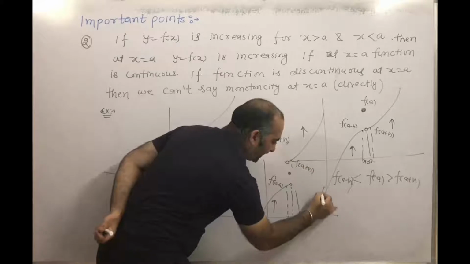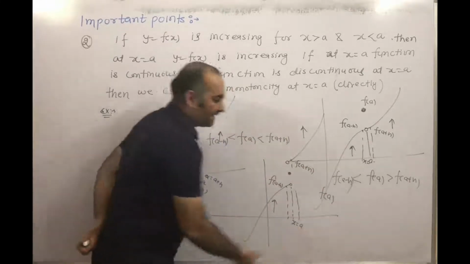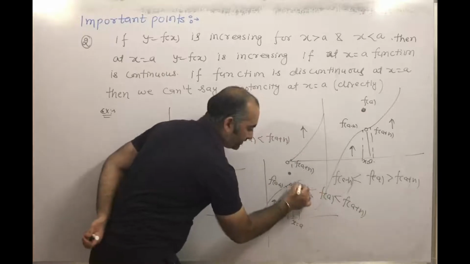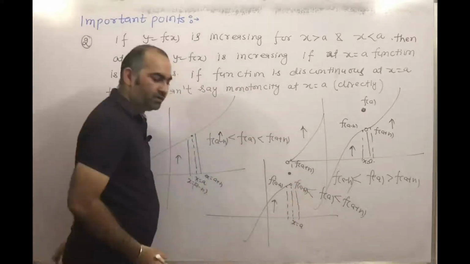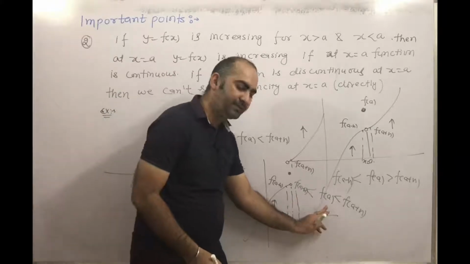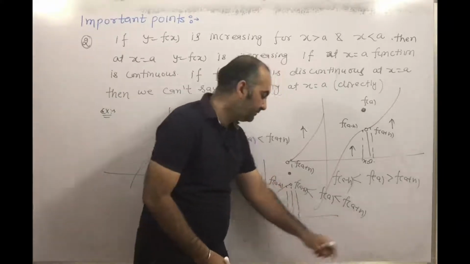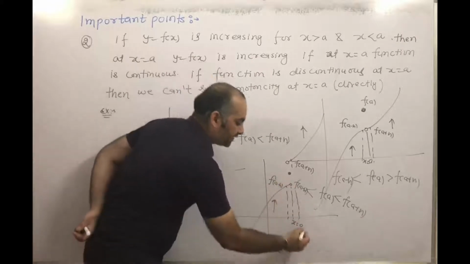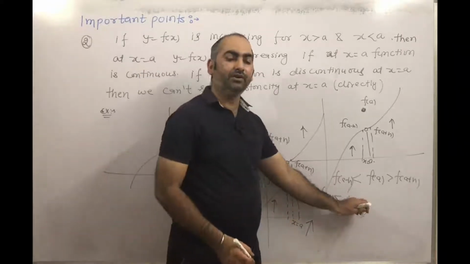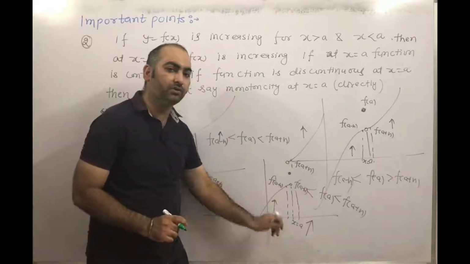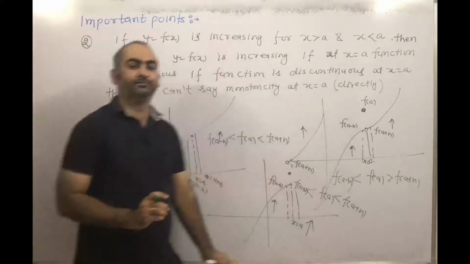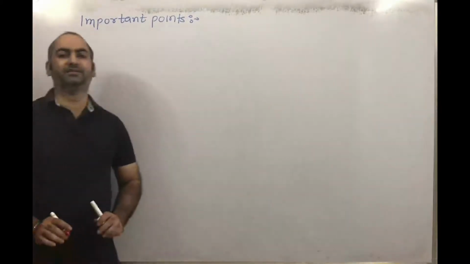So f of a is less than f of a plus h, and f of a minus h is less than f of a. If f of a minus h is less than f of a, and f of a is less than f of a plus h, then we can say that at x equal to a, the function is increasing. But here the function is not increasing. So if the function is discontinuous at x equal to a, then we can't say directly; we have to check this one. Okay, next we are discussing the third point.